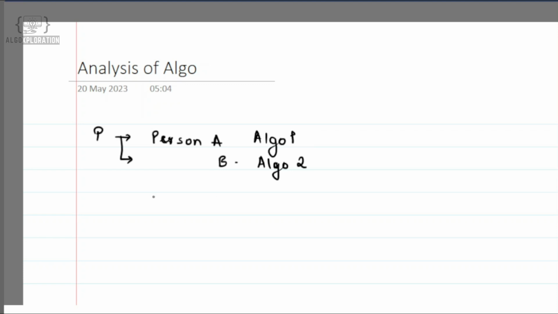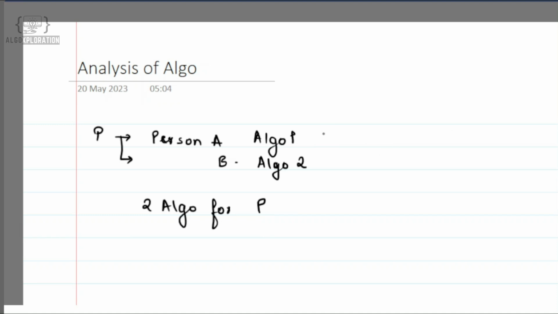Now we have two algorithms for one problem P. At the end of the day, one algorithm will go into the computer in the form of a program. So which should it be, person A's algorithm or person B's algorithm? Here comes the analysis of algorithm.